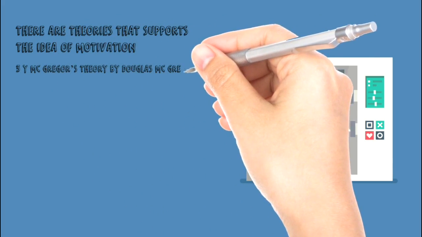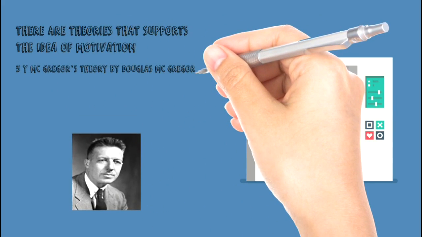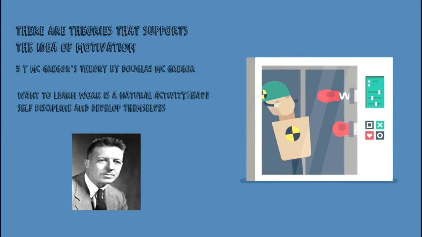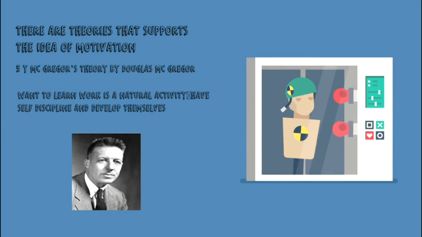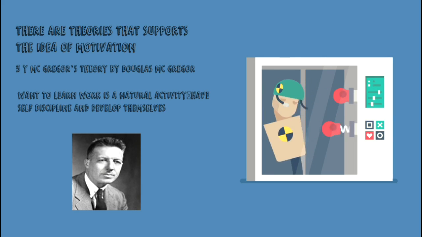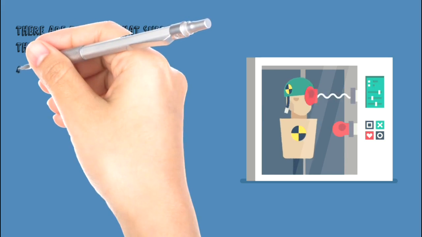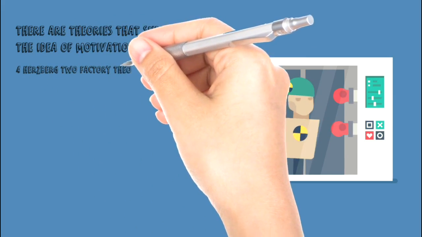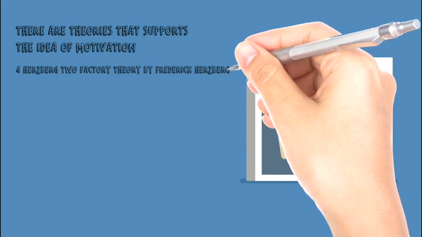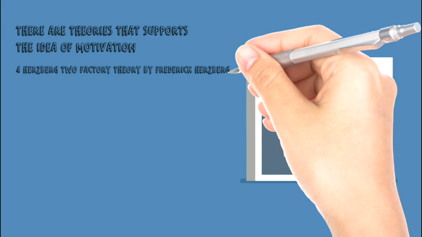Theory Y by Douglas McGregor. People are as follows: want to learn, work is a natural activity, have self-discipline, and develop themselves. Herzberg's Two-Factor Theory by Frederick Herzberg. Motivational aspects of human beings are divided into the following.